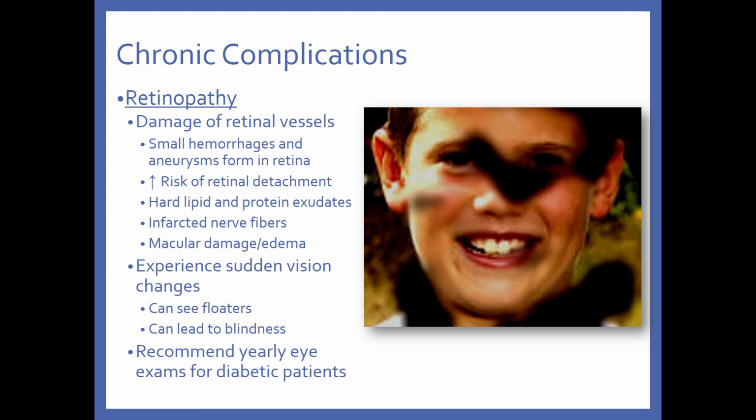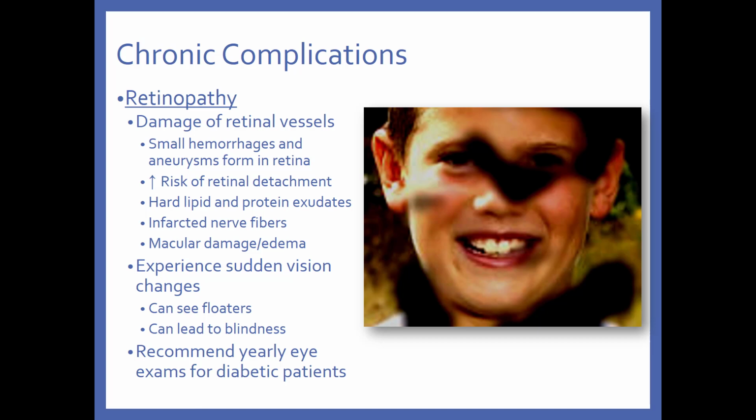Usually it's some sudden vision changes as that damage has been occurring to the blood vessels over time, and then now they're suddenly having some vision changes. Might see things like floaters in their field of vision. As you can see here, there's just some black spots where the damage to the blood vessels actually just totally impairs any vision in that area, so it comes through as just a black spot, and can lead to blindness ultimately if the progression of it is not slowed.